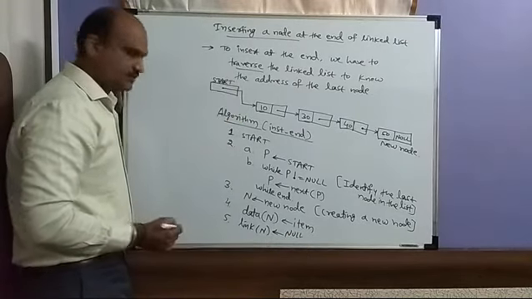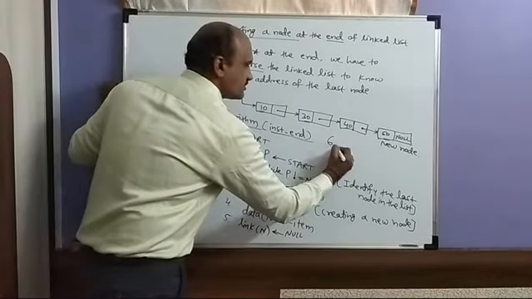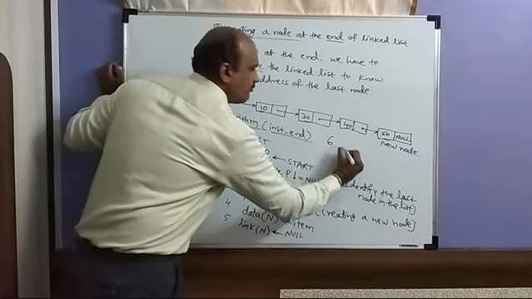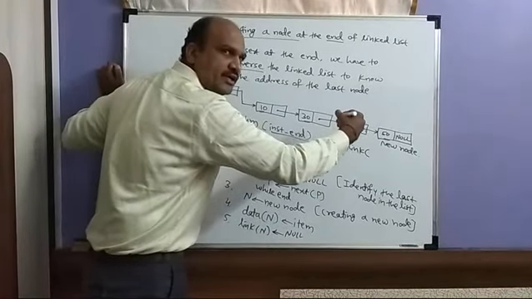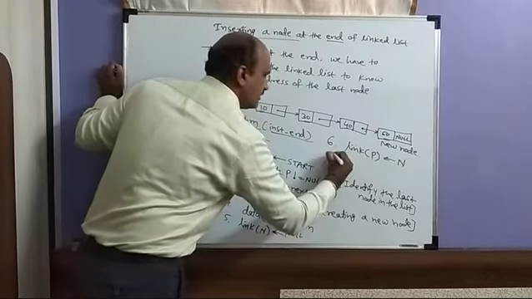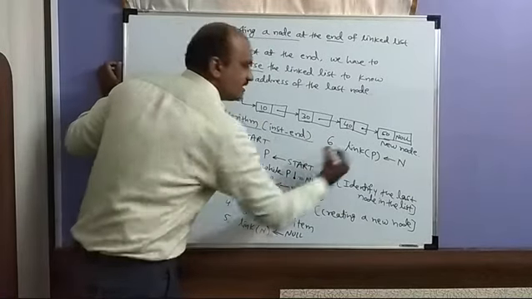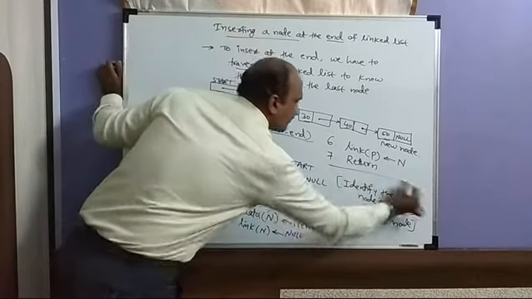Then this is the fifth step. Next, the sixth step, the link of the P pointer is connected to the node N we have created. Then last, return.